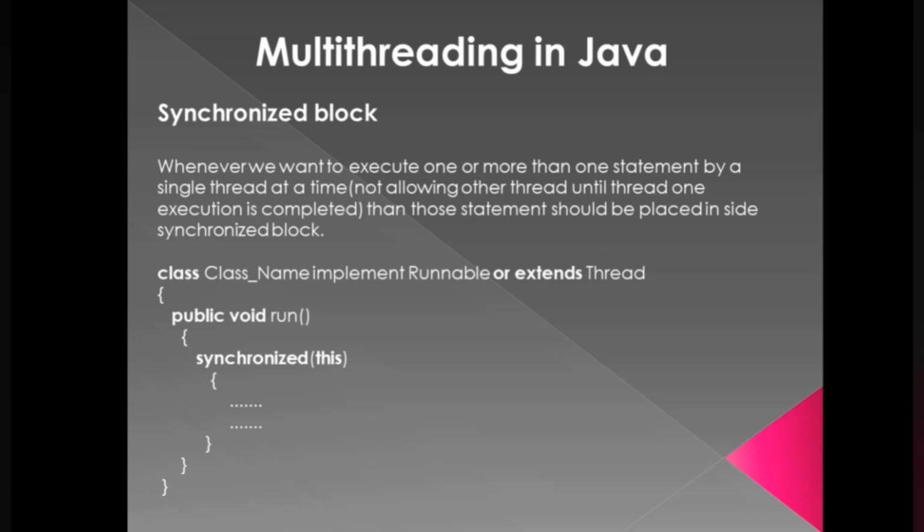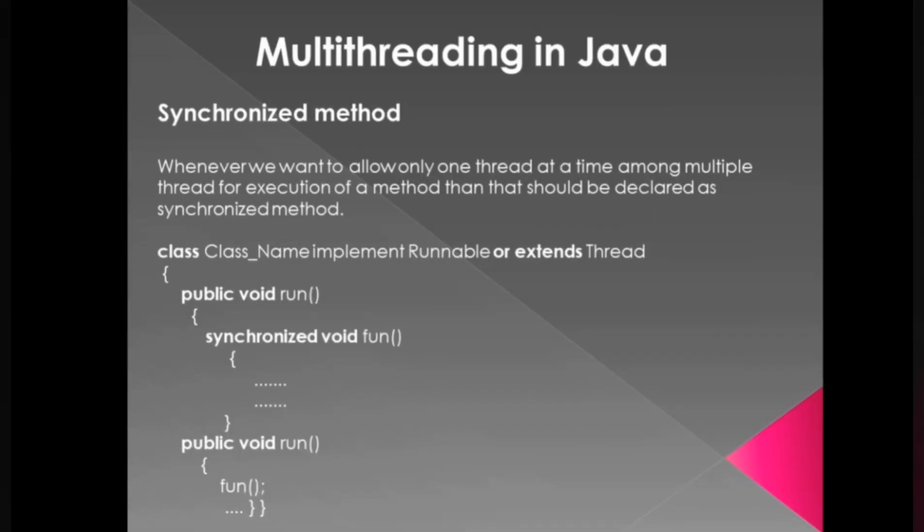Here is the example: class ClassName implements Runnable or extends Thread, and next we have the run method, and then we have synchronized, with a reference of that class, and then the statements in the synchronized block, and after that close all the parentheses. So this is the example of a synchronized block.